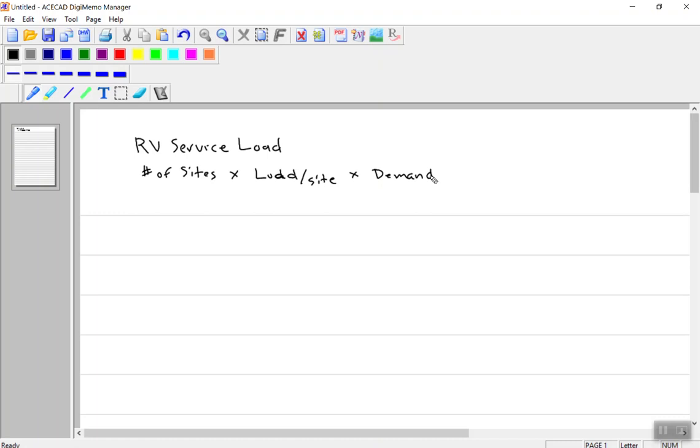So the number of sites in this case is 32 sites. The load we highlighted in our code book as 3600, so times 3600 volt amperes, and then times the demand. Let's go back and make sure we got it in our code book.